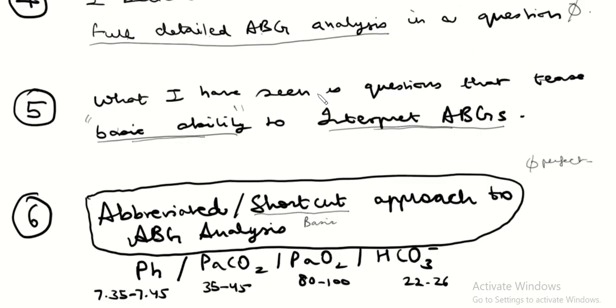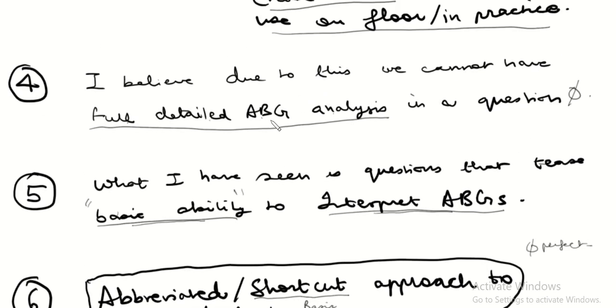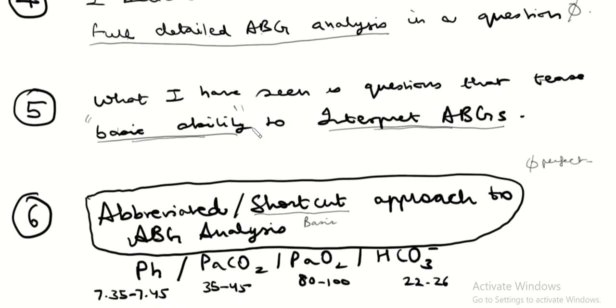I still don't believe that on your NCLEX or CGFNS exam or board exams, you're going to have a full detailed ABG analysis question. That is way outside the scope of practice of a nurse that has entered practice. It's way too complex. Okay.